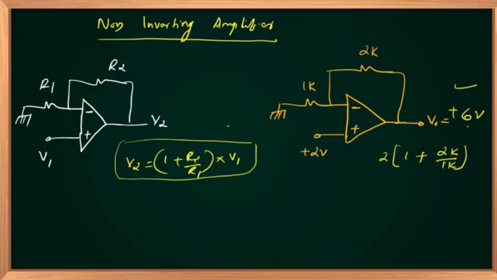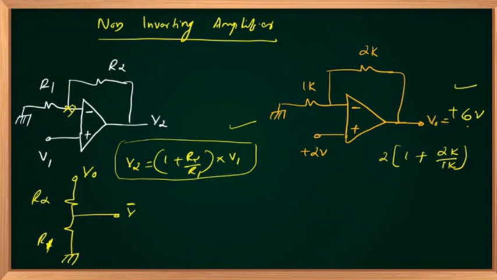Let us see why it is 1 plus R2 by R1. Since no current into the op amp, 0 amperes, these two resistors are in series, right? R1 here, R2 here, and this is my V minus point. Okay, this point.